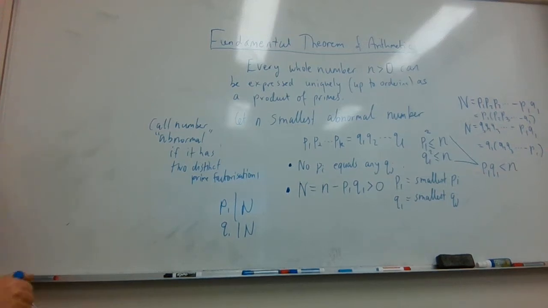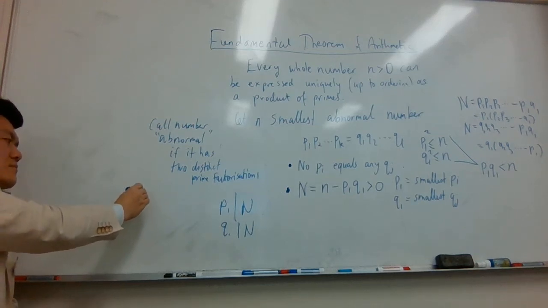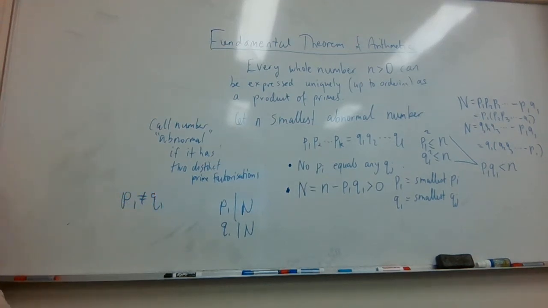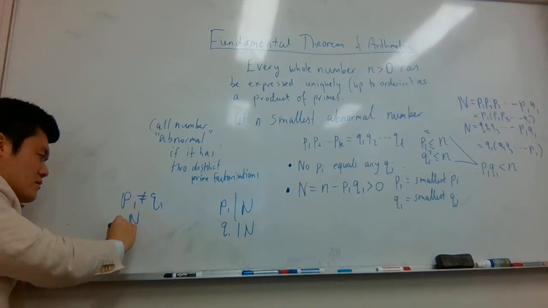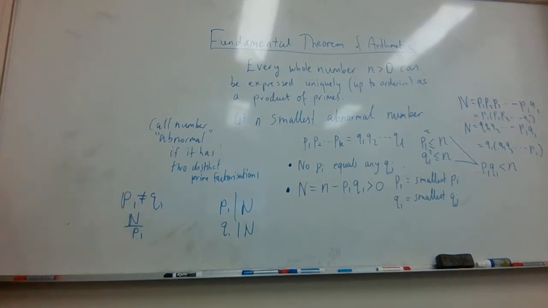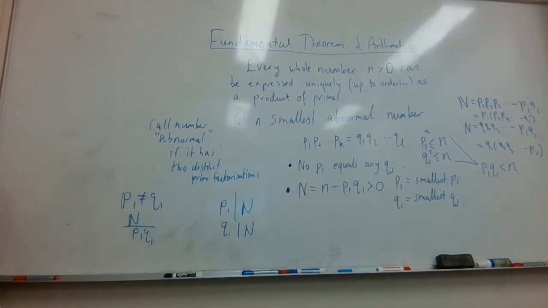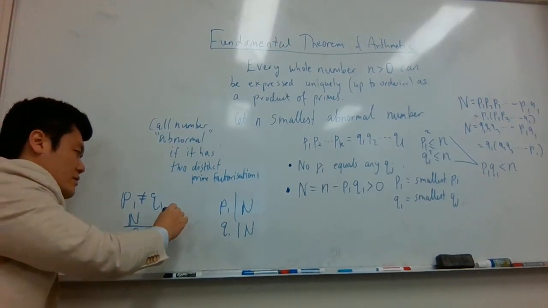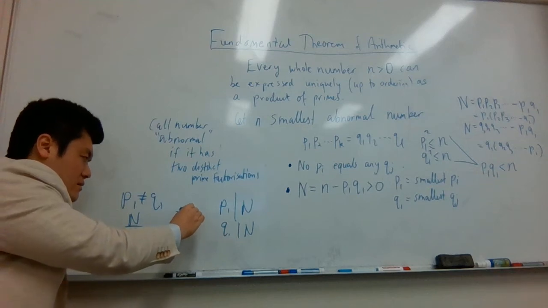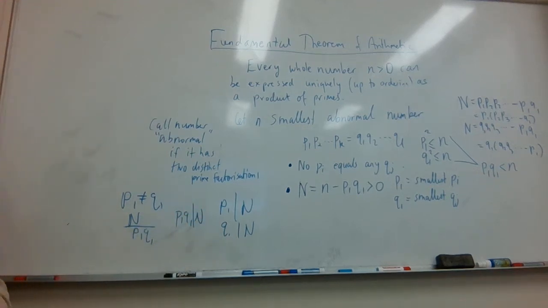So N over P1 Q1 is still an integer, because P1 and Q1 are not equal and they both divide N. Wait, so what you're trying to say is P1 Q1 divides N? Is that true, because they're not equal? Well, why does that not being equal imply that the product divides it? Because they're prime.